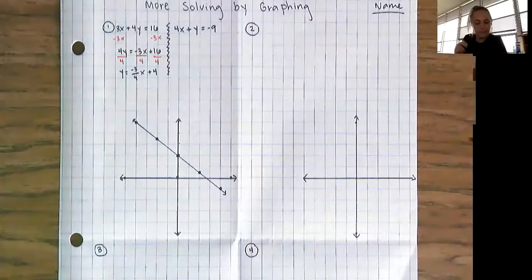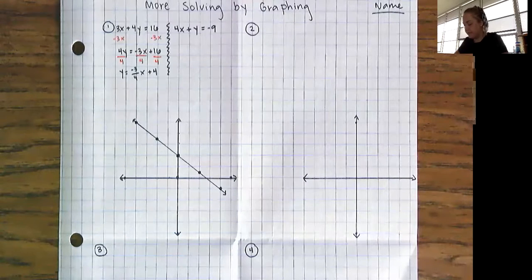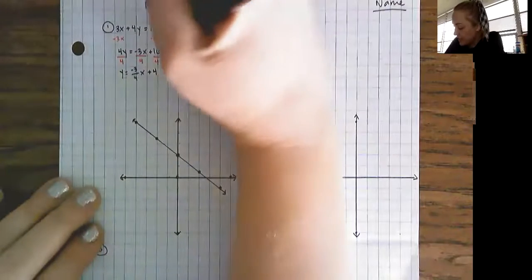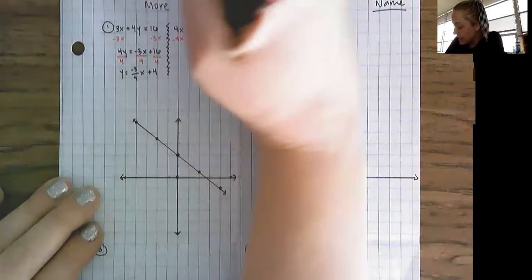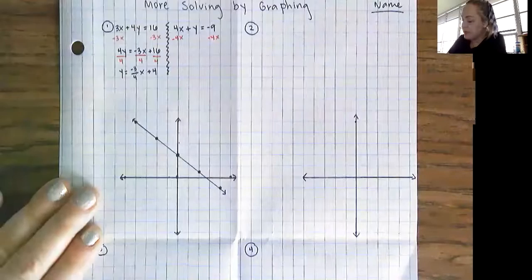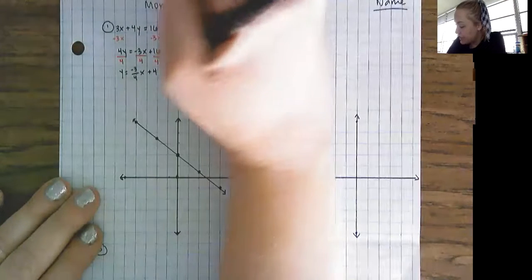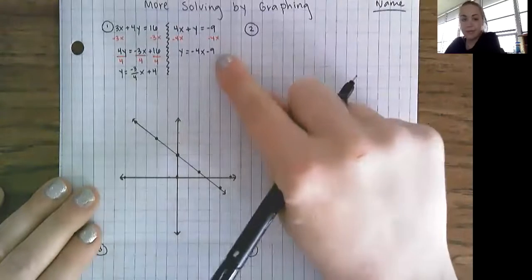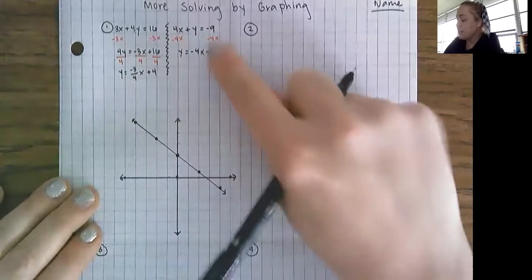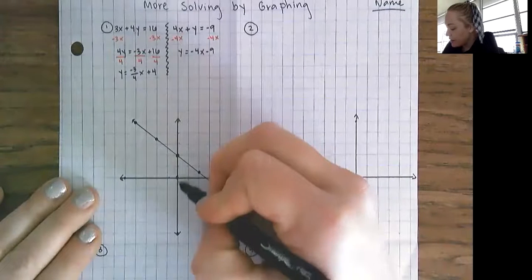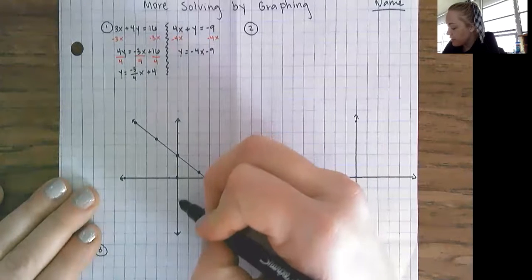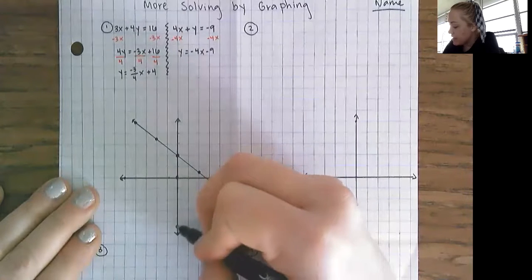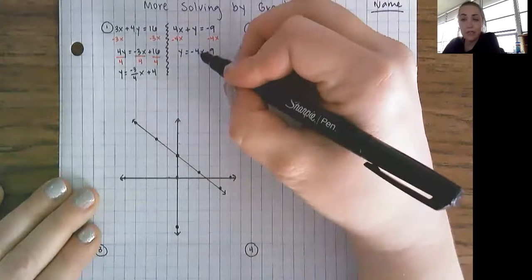Okay, then I'm going to do the same thing solving for the second equation. I can subtract 4x from both sides. And when I do that, I have y equals -4x minus 9. So I'll start by putting my first dot on the y-axis at -9. I've got 1, 2, 3, 4, 5, 6, 7, 8, 9. And my slope is telling me to go down 4 to the right 1.